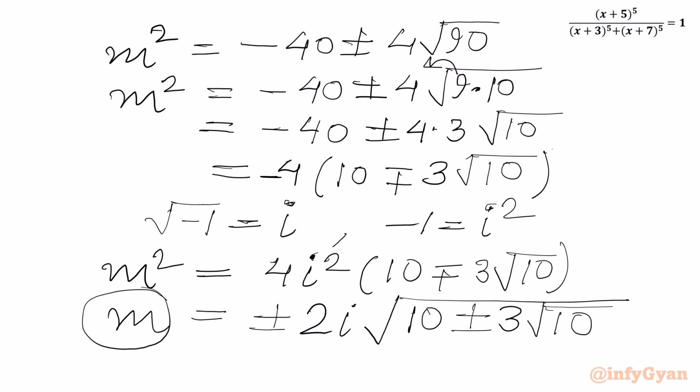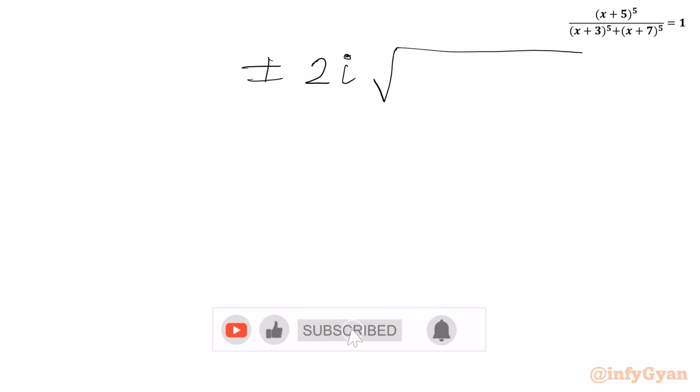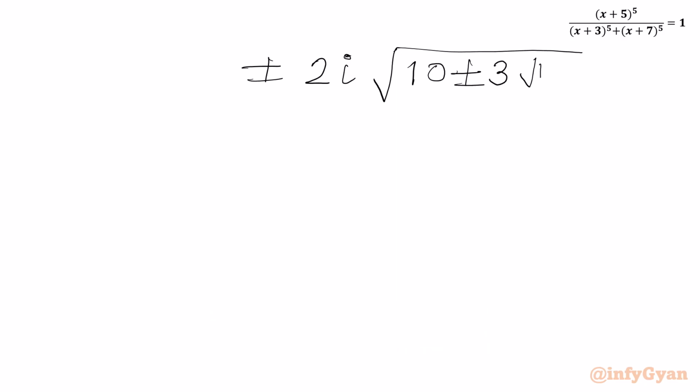Now m was our substitution. This was equal to x plus 5. So I will replace m with x plus 5. So let me write the RHS first: 2i times square root of 10 plus minus 3 square root 10. This is equal to m, which will be equal to x plus 5. Now I will subtract 5 both sides.